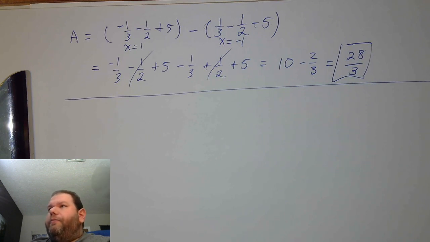Now, if we're trying to find the amount of work done by applying a variable force over this distance, and we come up with an answer of 28 over 3 Newton meters or joules, we wouldn't really say 28 over 3 joules.